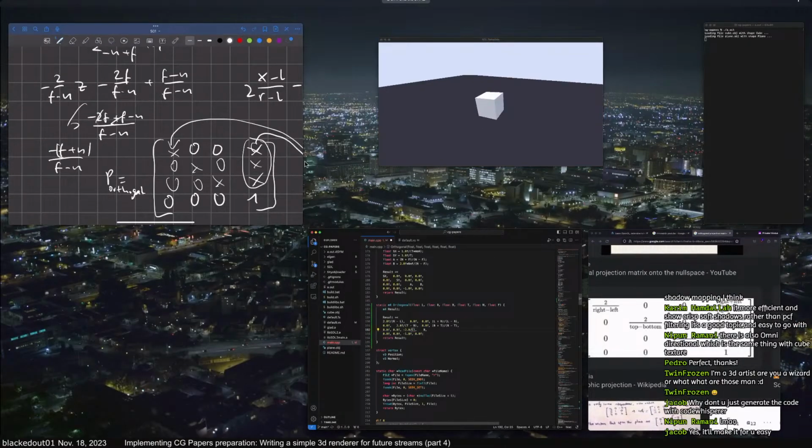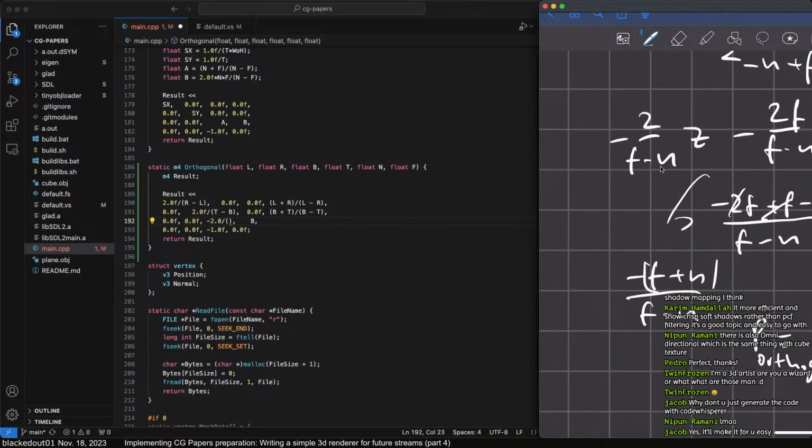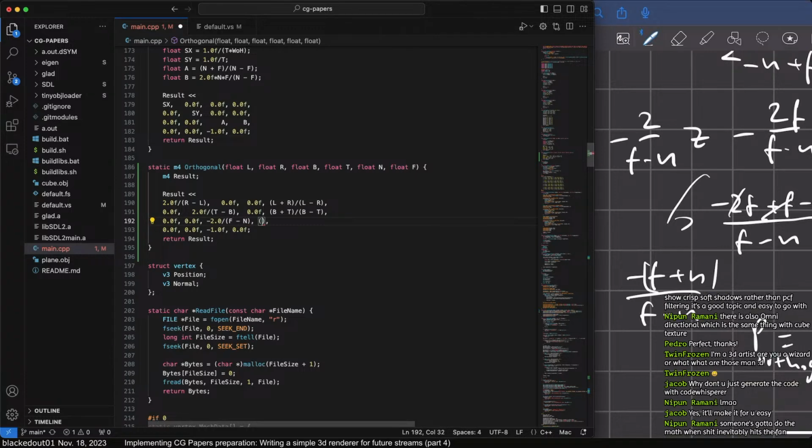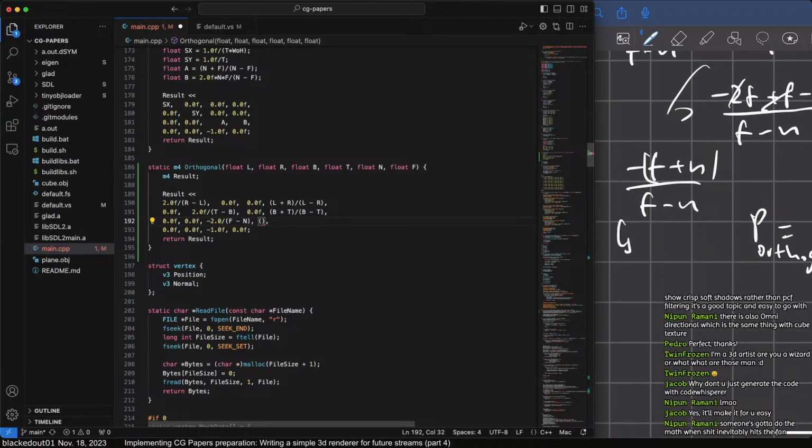So here we have far minus near. And this here is, well, we can distribute the minus again. Far plus near divided by near minus far.